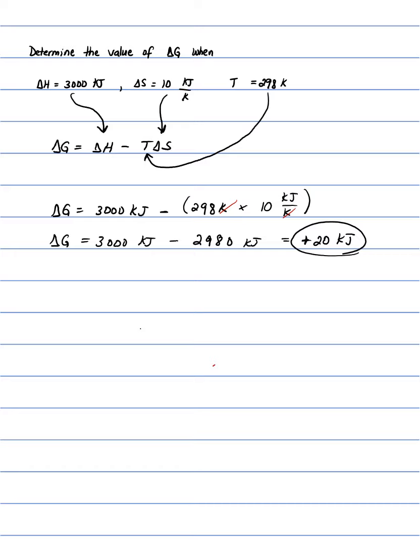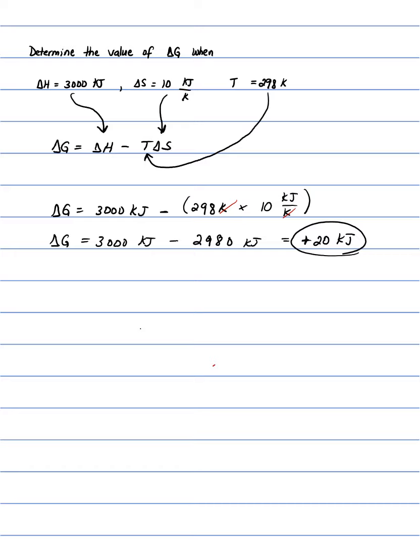So these high or low temperatures are relative. The temperature given here in this problem, 298, is not high enough for you to get a negative number for that delta G. You see, we're getting a positive value, so that temperature is not high enough.